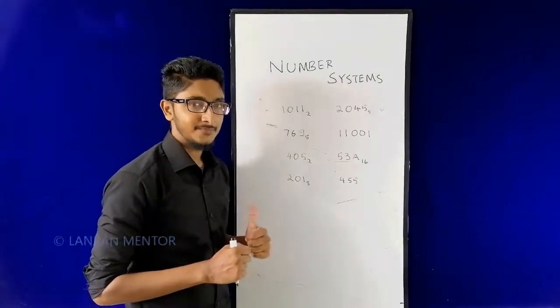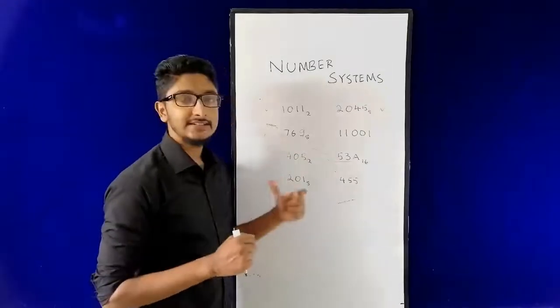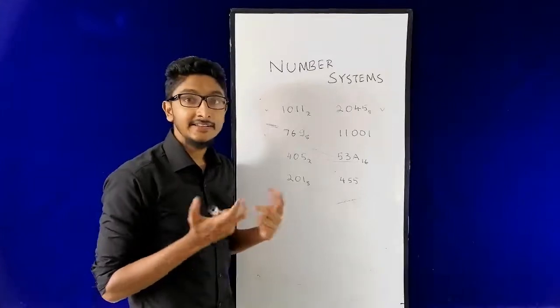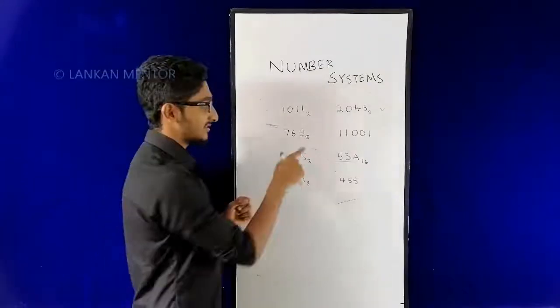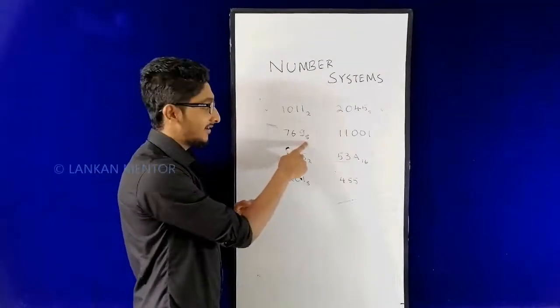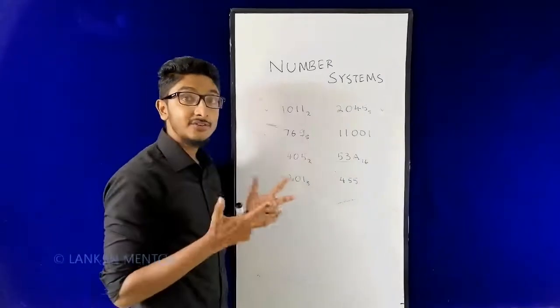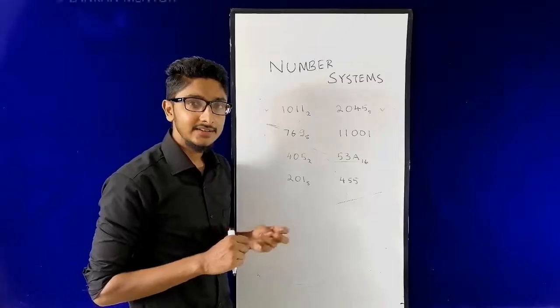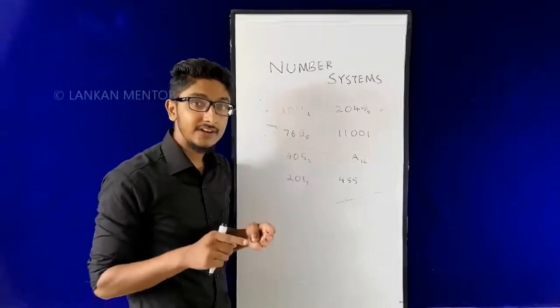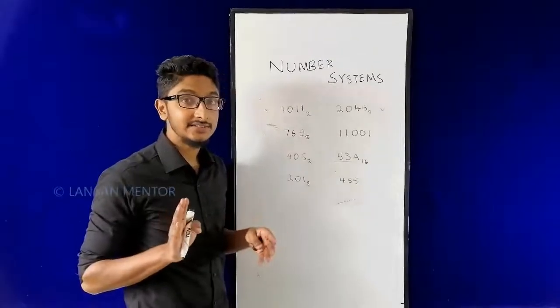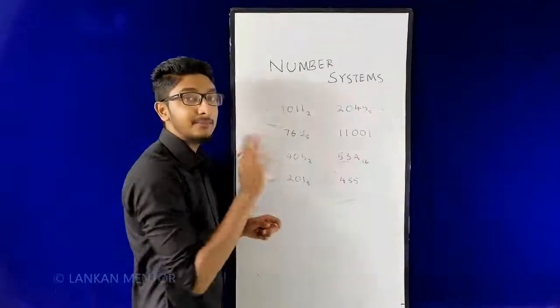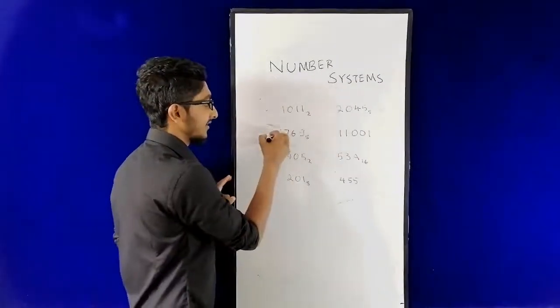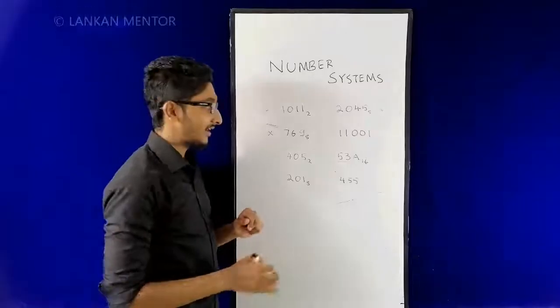What is wrong here? 769. 9 is not there in octal number system. You see, this is octal, base 8. There is no 9 in base 8. How much is there in base 8? From 0 to 7. 7 is the largest number in base 8. So 9 cannot come. So this is wrong, right?